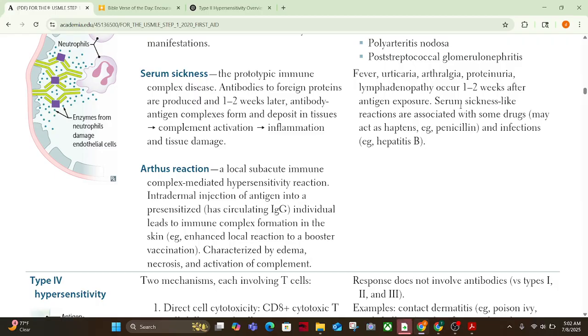So the person with the Arthus reaction has already been exposed to an antigen through a vaccine. So whatever vaccine it was, they require a booster shot. So when he got the booster shot, that's when the Arthus reaction happens.